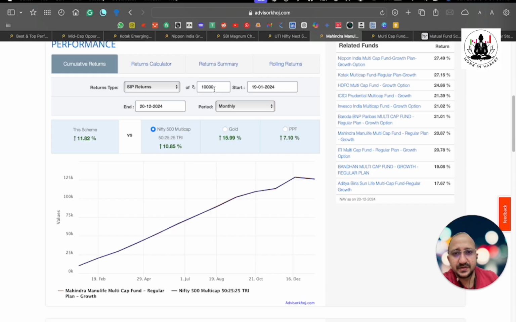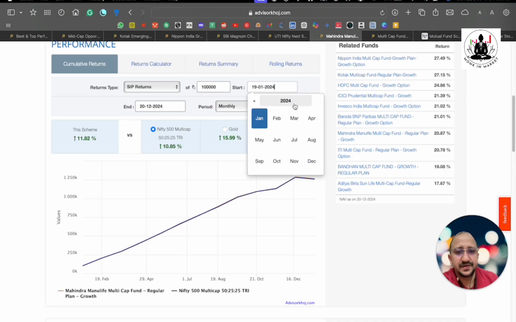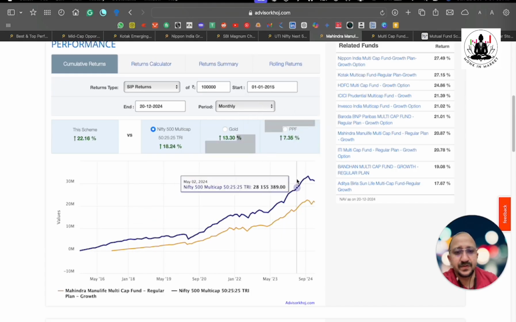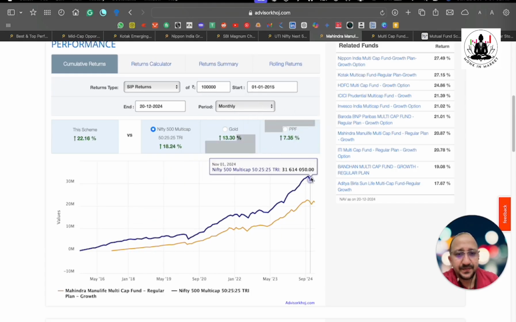SIP returns, it seems. Just a minute, guys. 2020, 2015 January is good, right? So guys, this 1 lakh rupees would be 31 lakhs.